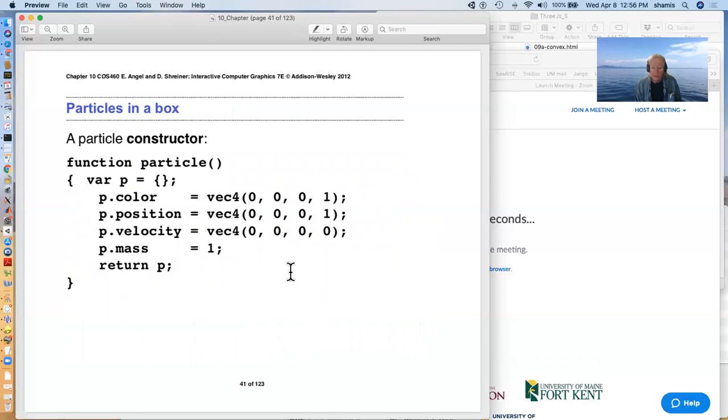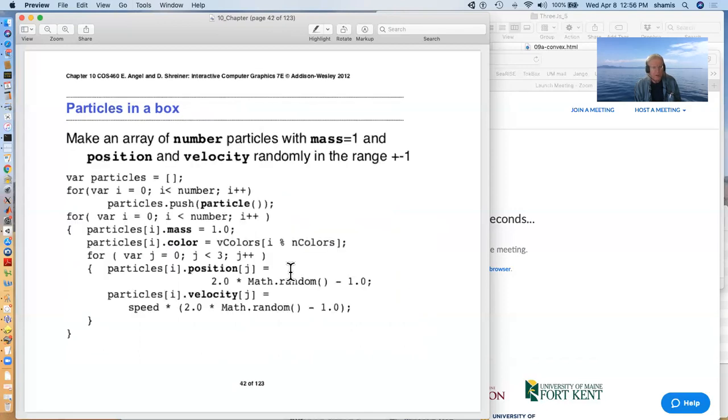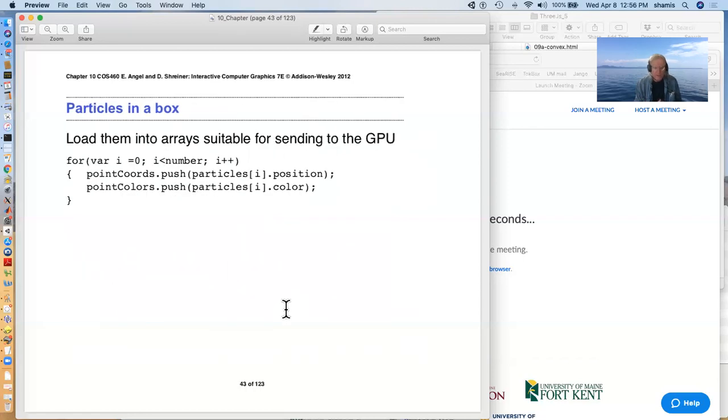A particle constructor here, we might have color, position, velocity, and mass. This would be a constructor for particles. And so we would go through our setup, push these into particles, particle mass, particle color, go through each of the x, y, and z coordinates of our particle and define a position, here random, and a velocity, here random, and then push those coordinates, those particles and their colors into the different arrays that we would send to the GPU.